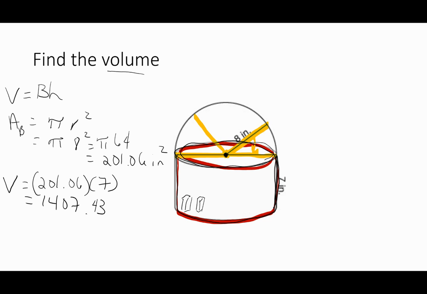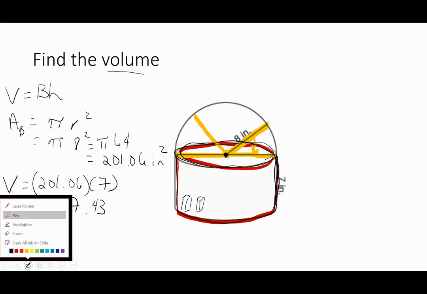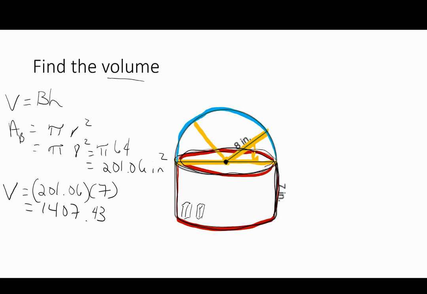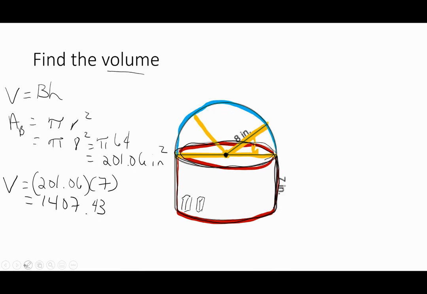So on the top part that we have here, this is a sphere. The sphere has a formula of 4/3 pi r cubed, and it's always the same.